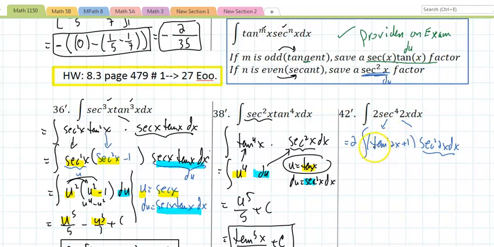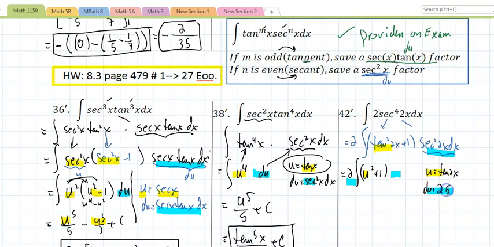And now, if I let u equal tan of 2x, du would be right in front of me, off by a constant. So if I let u equal the tangent of 2x, there it is. So far, this is the integral of u squared plus 1. Du would be, and let's see how that works. Let me write it this way, it's easier.